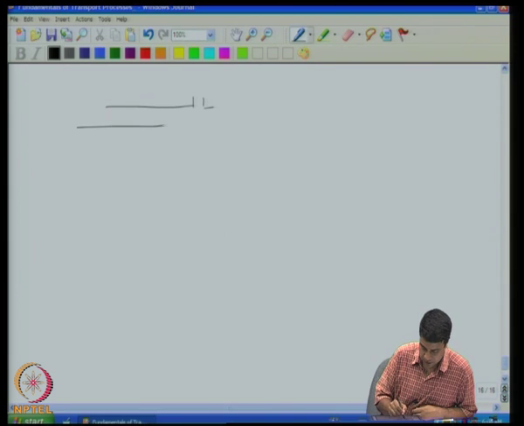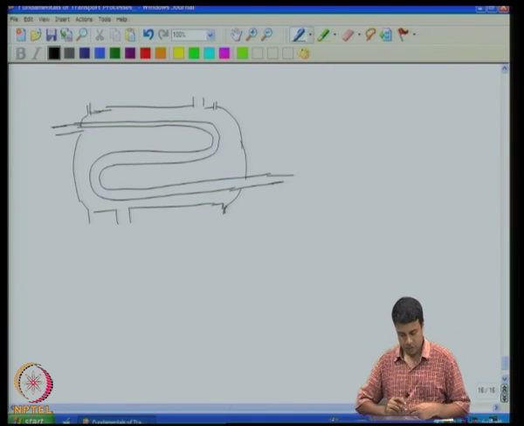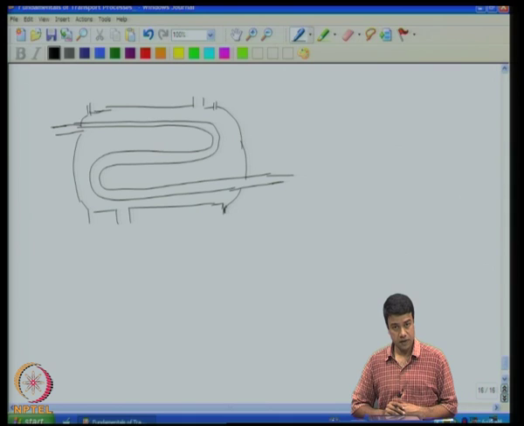So, there is a heat exchanger. Now, how do we do dimensional analysis for this entire system?